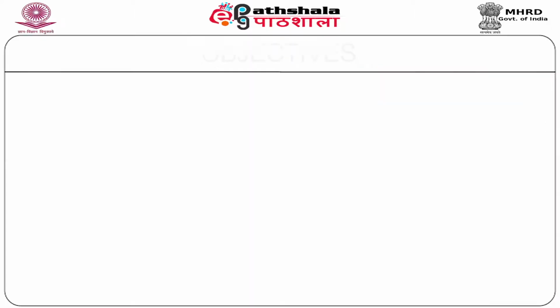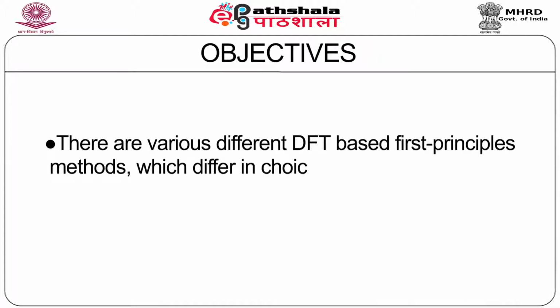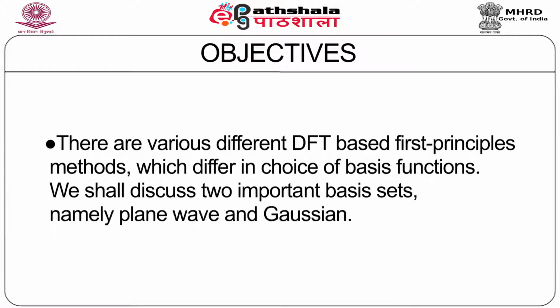The objectives of this lecture are as listed in the following. First of all, there are various different DFT-based first principle methods which differ in choice of basis functions. We shall discuss two important basis sets, namely plane wave and Gaussian.